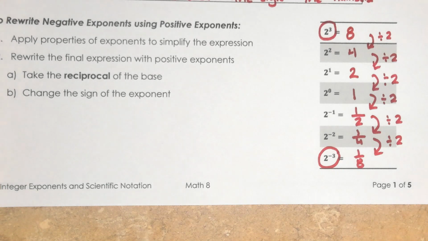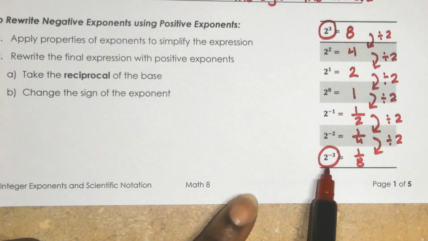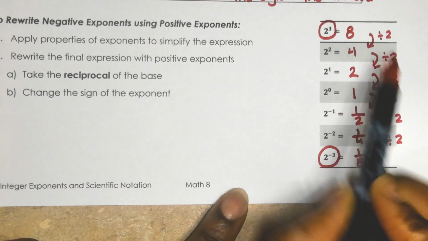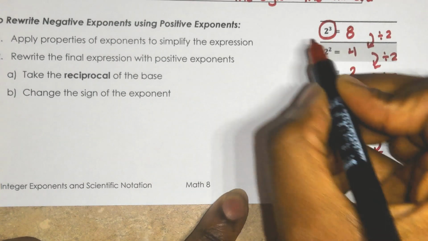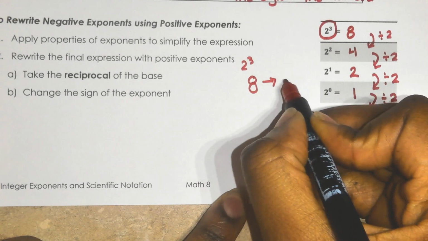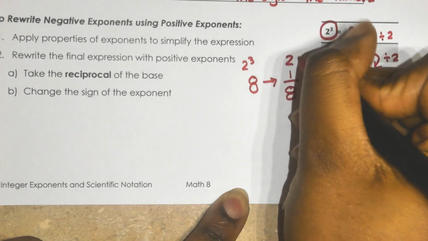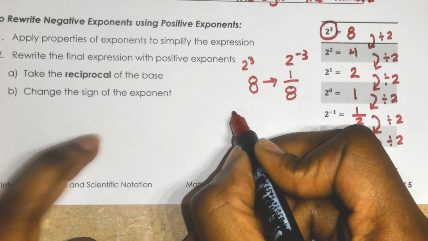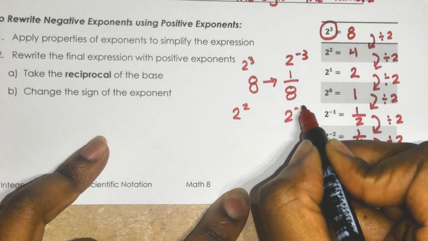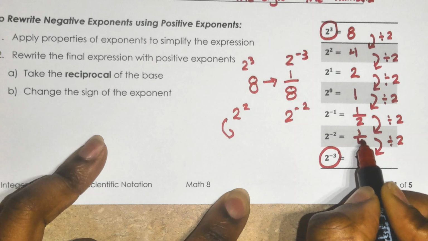When you compare the 2 to the third with its negative exponent counterpart, 2 to the negative third, you'll see that it goes from 8 to, not to negative 8, to 1/8, right? If you compare 2 to the second to its negative exponent counterpart, it goes from 4 to 1/4.